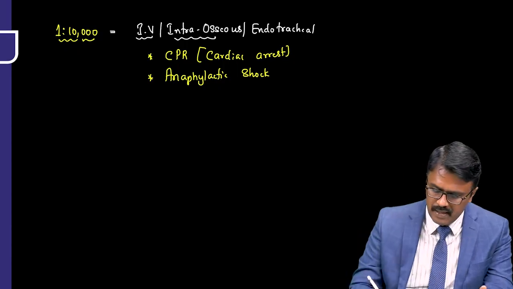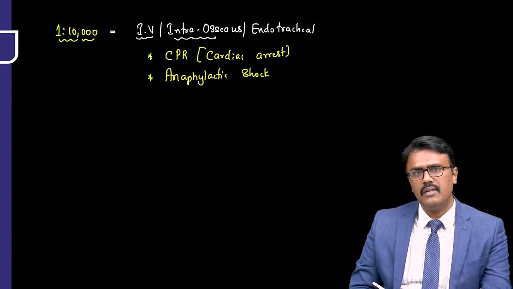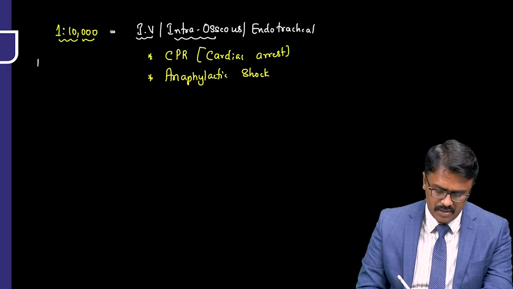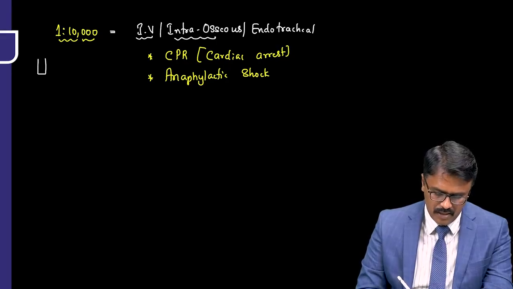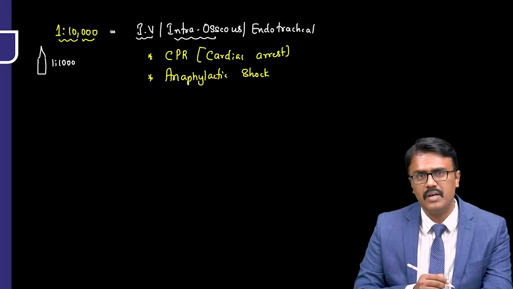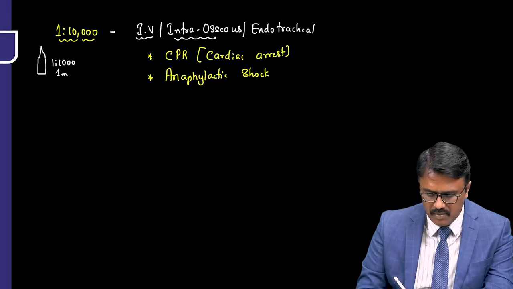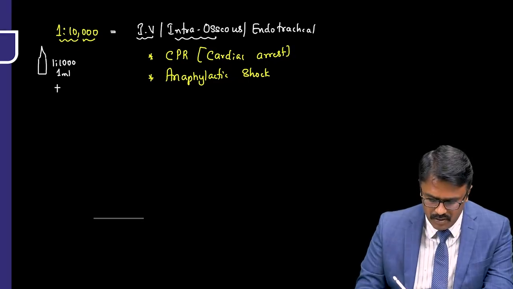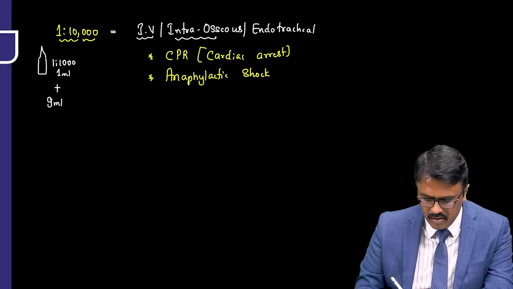Okay, sir. Sir, how do I do that 1 in 10,000 dilution? I have this ampule, sir. In the ampule, it is 1 in 1,000. How many ml does that contain? 1 ml. So for that, you add 9 ml of normal saline.